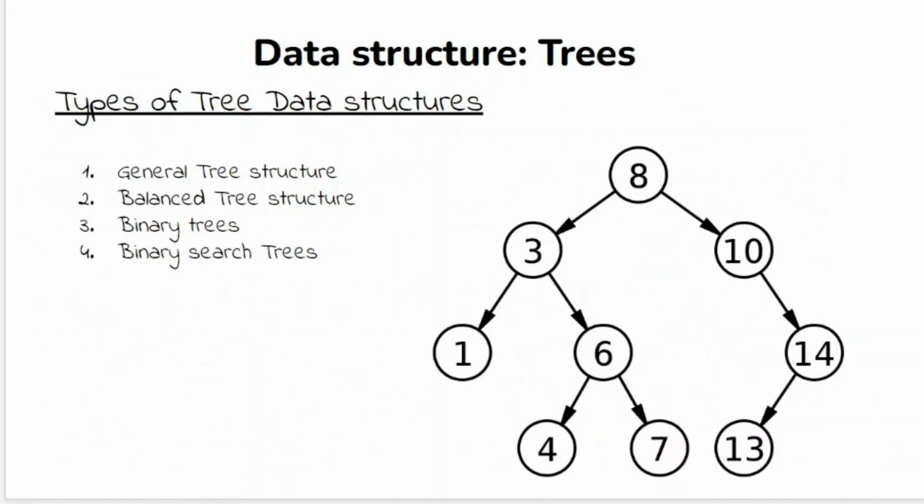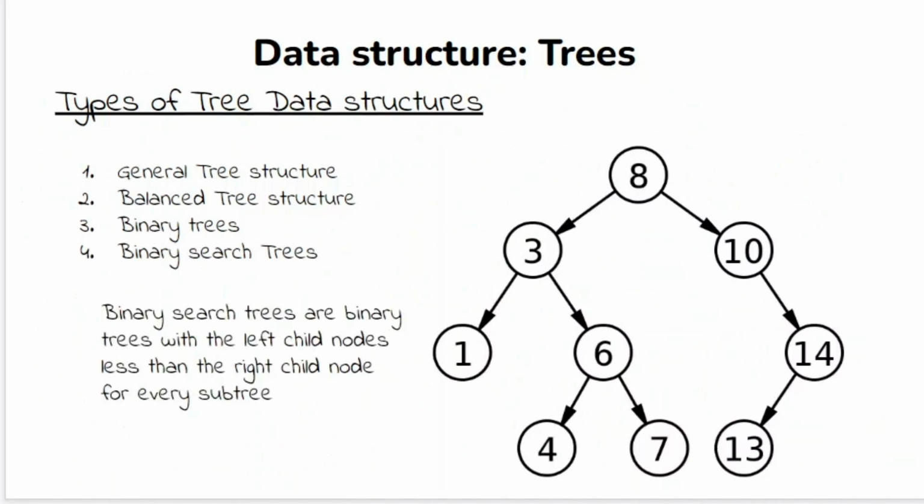And then we also have the binary search trees. Binary search trees differ from binary trees in that they have a special property where the values of the left nodes must be less than the root node, and the values on the right must be greater than the root node.